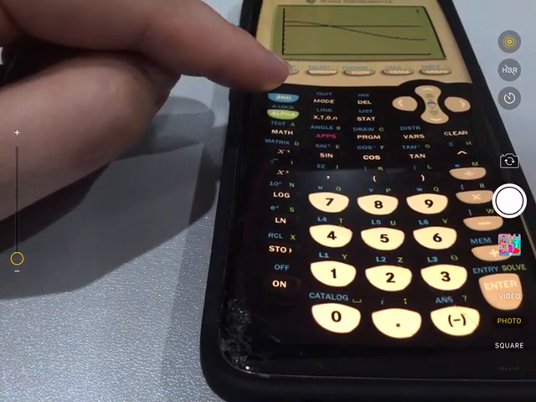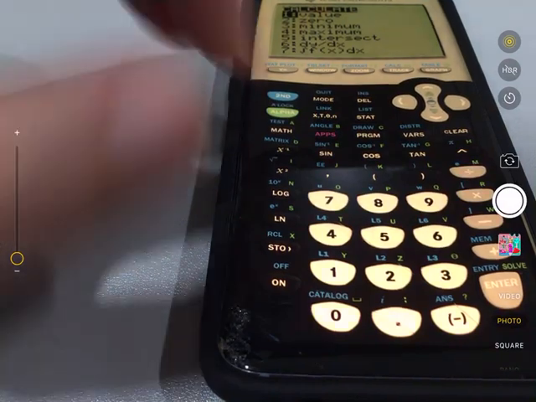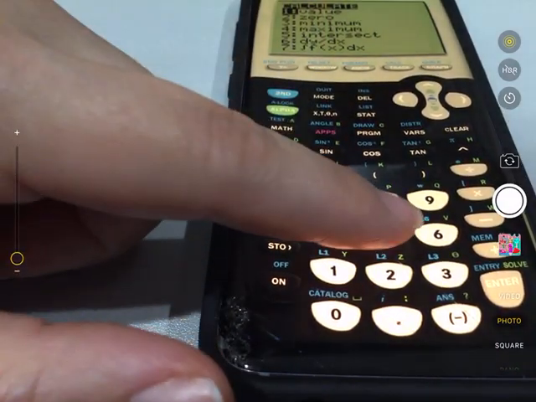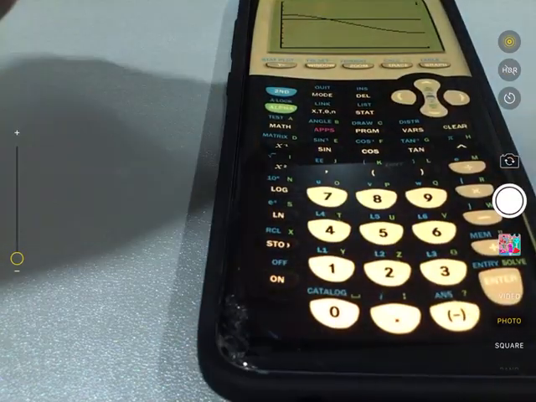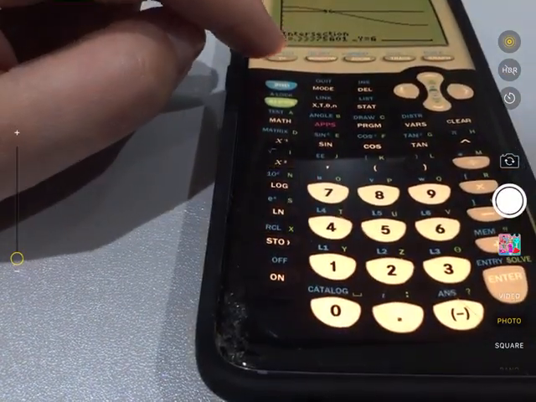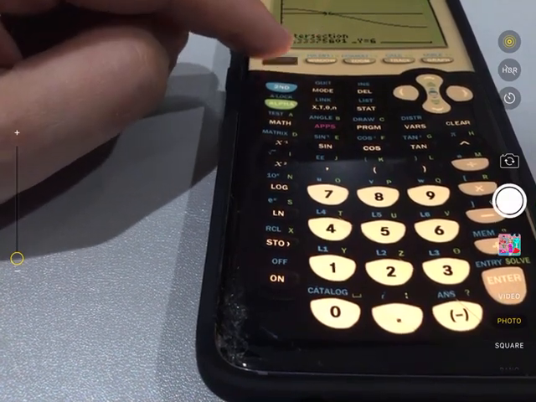Well, there it is. And I go second, trace, which is calc, number 5, which is intersect, and I go enter, enter, enter. And I get 0.3337561 and y equals 6, which is good, but I only care about the x.